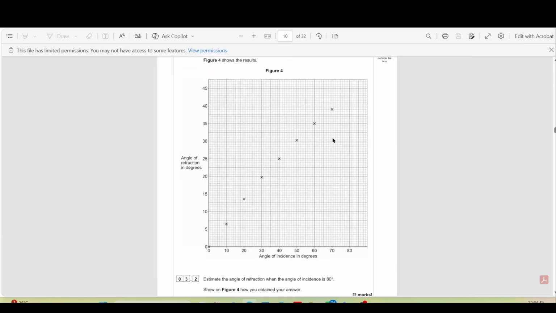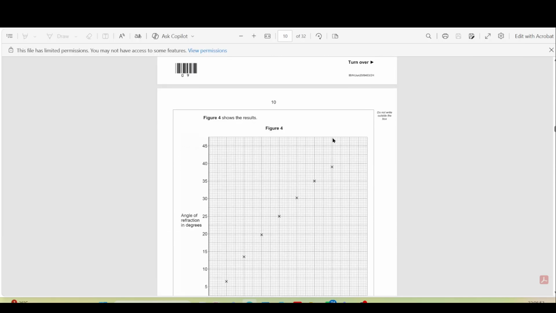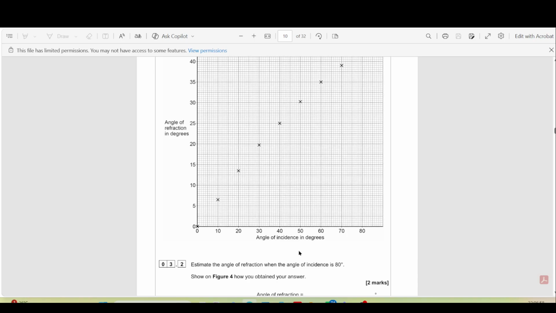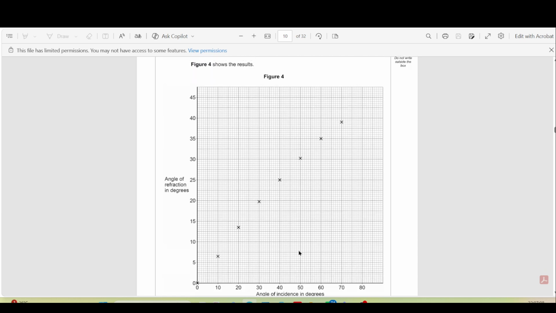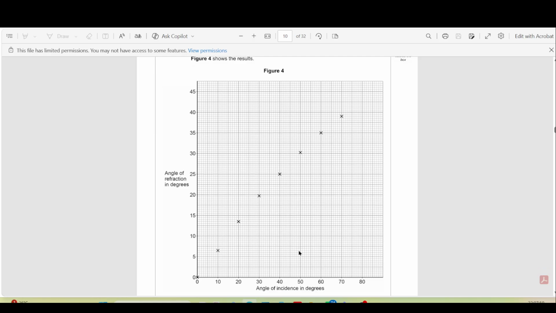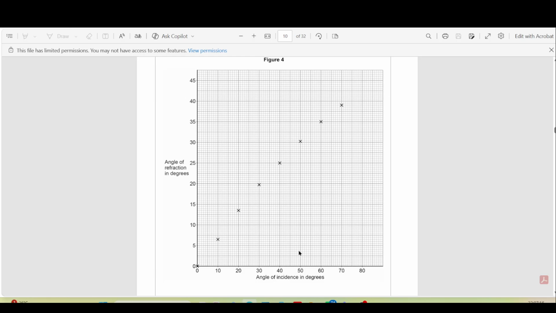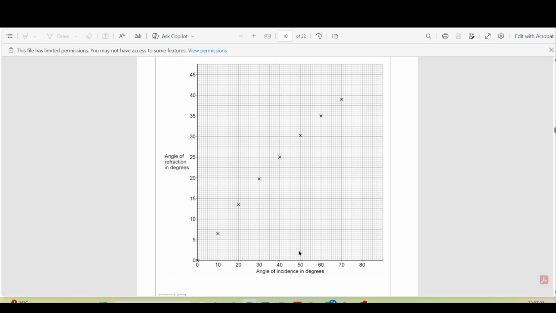In this question, it is just asking to estimate the angle of refraction. So draw a line and extend it. Do I use a ruler, or just a curve? It is a bit curved, so just connect all the points, and here in this part it is a bit straight, these 4 points, so it will go straight like this.